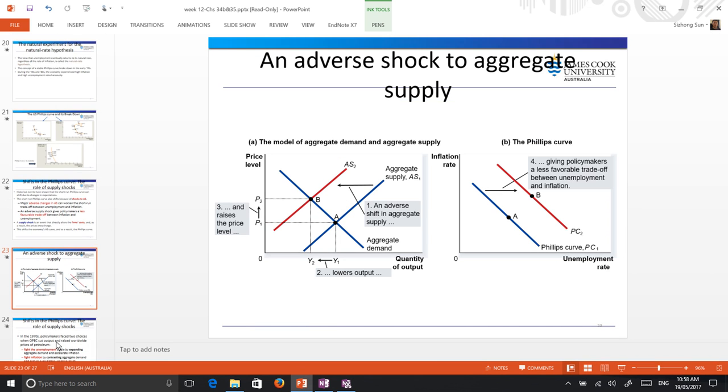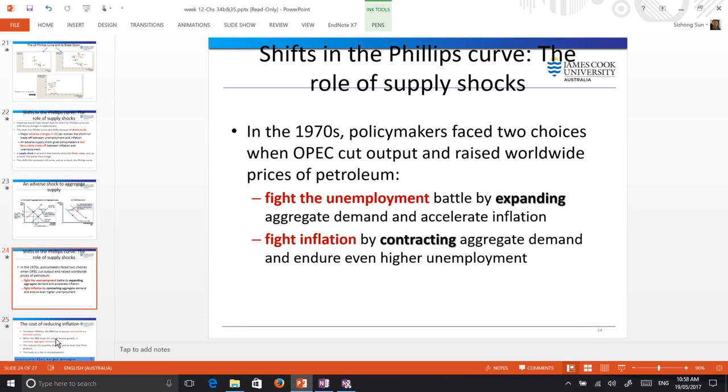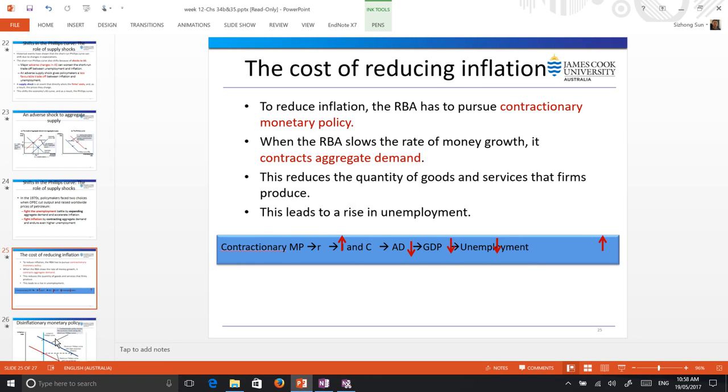So now, due to the petroleum price increases, the short run aggregate supply curve shifts to the left. That shifts the whole Phillips curve to the right, giving policymakers a less favorable trade-off between unemployment and inflation. That's what happened.